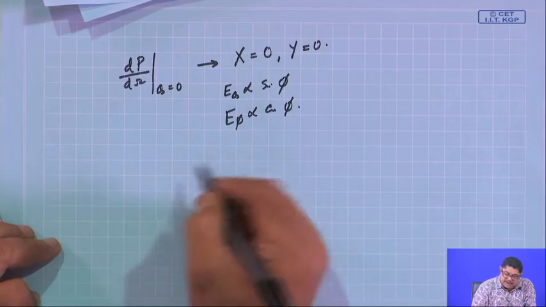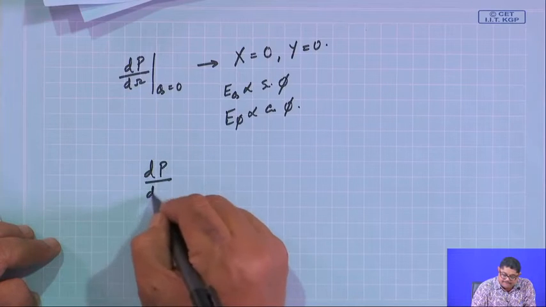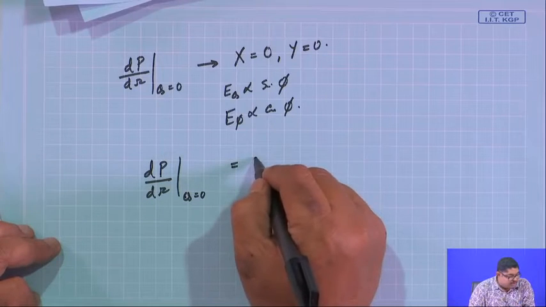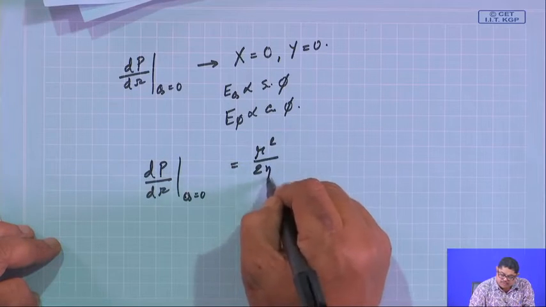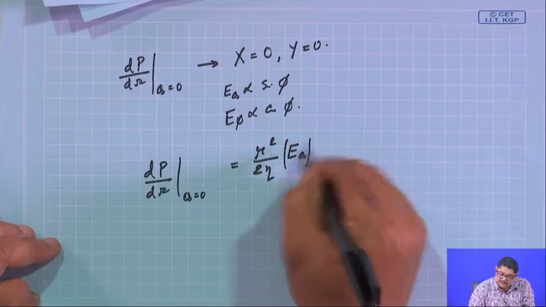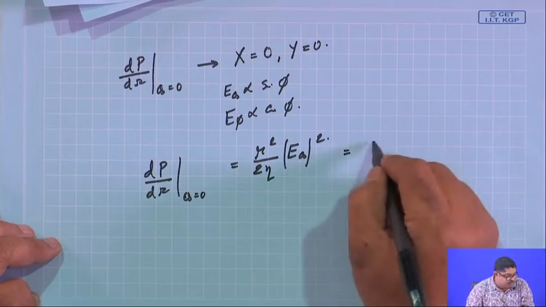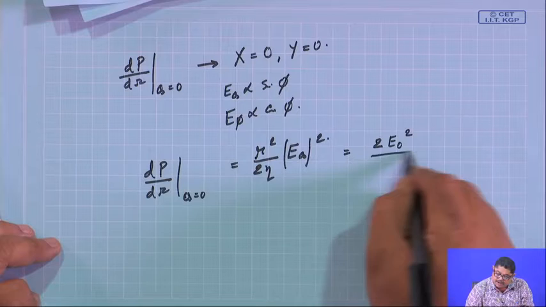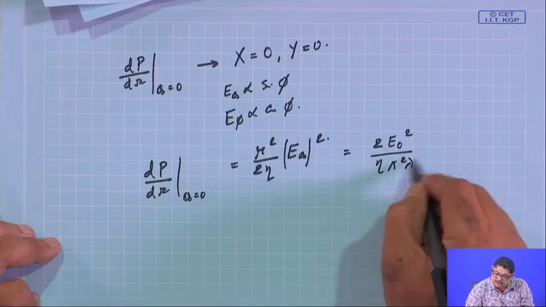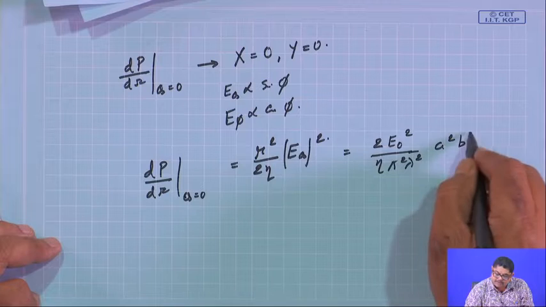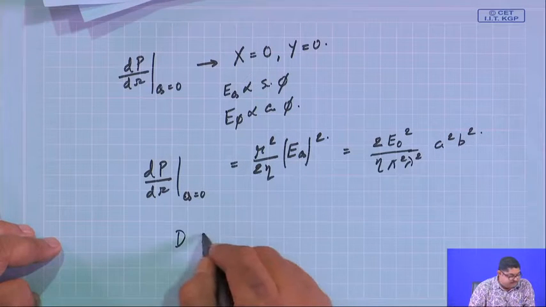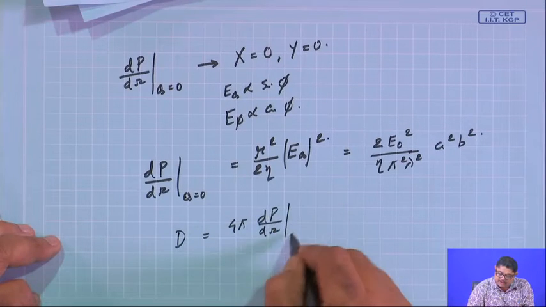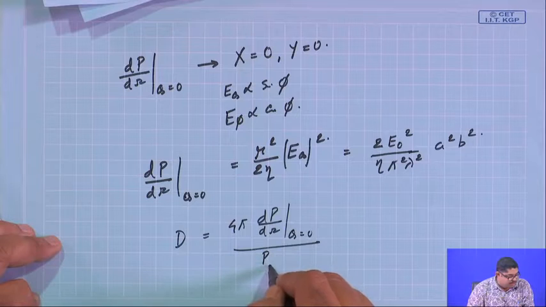So, you can write dP d omega at theta 0 will give you r square by 2 eta E theta square. If you do that, it becomes 2 E naught square by eta pi square lambda square a square b square. So, directivity will be 4 pi dP d omega at theta 0 by PR.